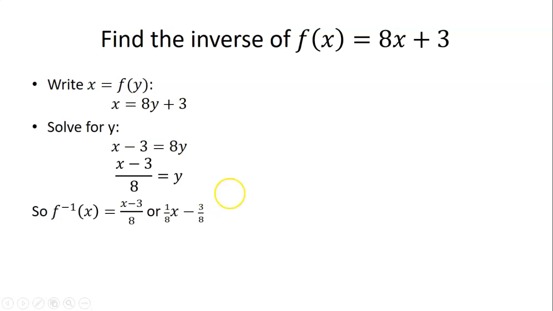So that undoes what this function does. And that makes sense. What this function does is, whatever number you give it, first it multiplies by 8, and then it adds 3. To undo that process, to reverse that, first you would subtract the 3, and then you would divide by 8.